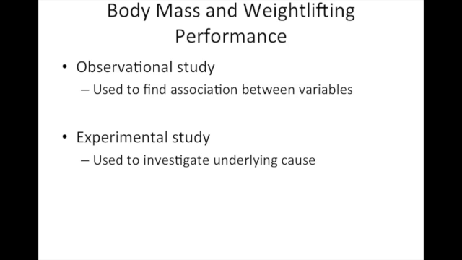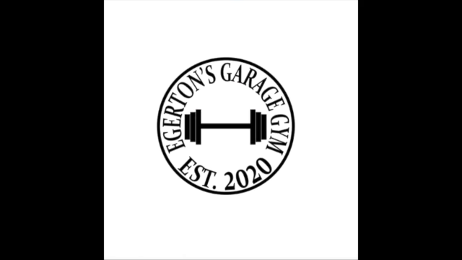And in order to determine that causality, we need to perform an experimental study which involves a treatment. And in this case, that treatment might be a training and nutrition intervention designed to increase body mass, and we would perform pre- and post-intervention testing to establish the effect of increased body mass on lifting performance.